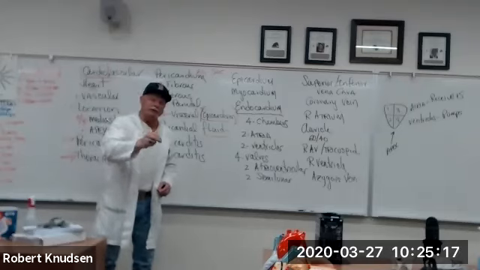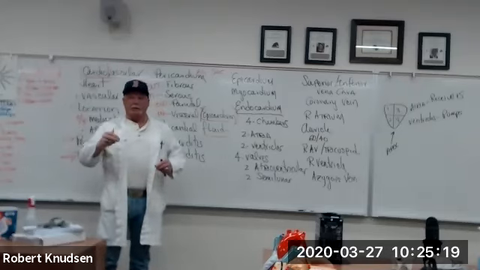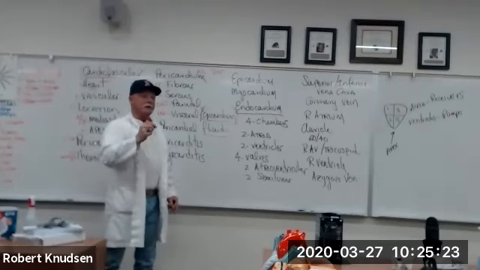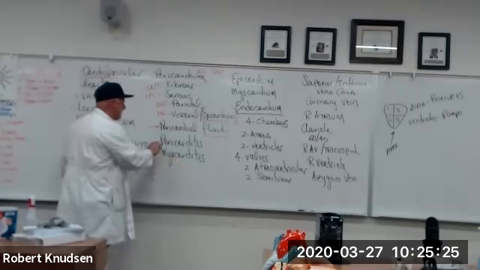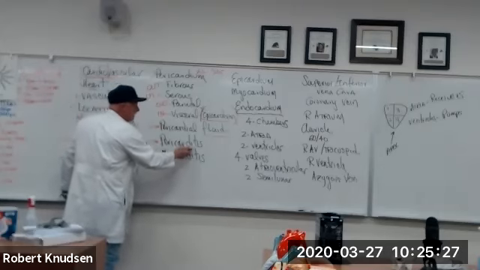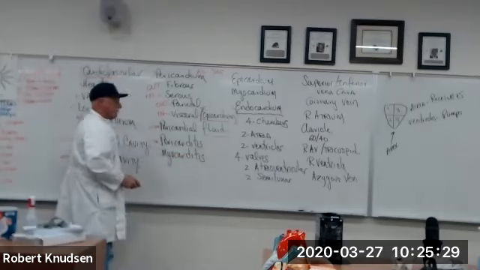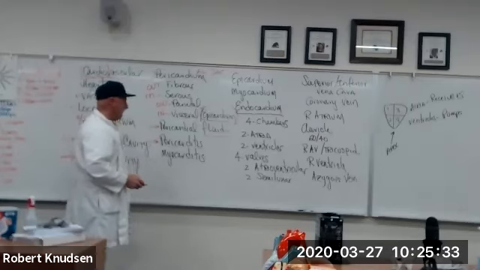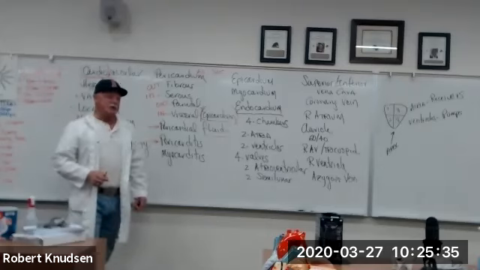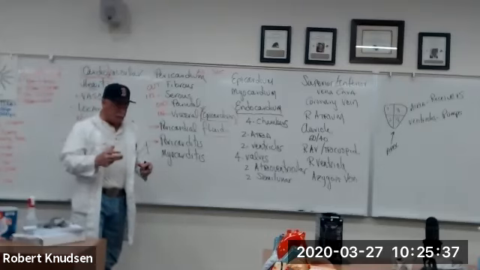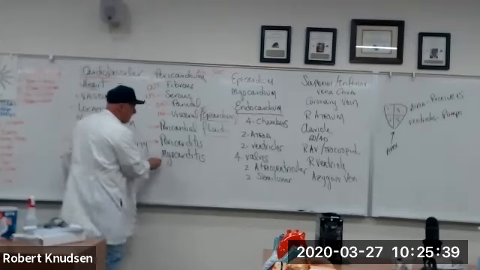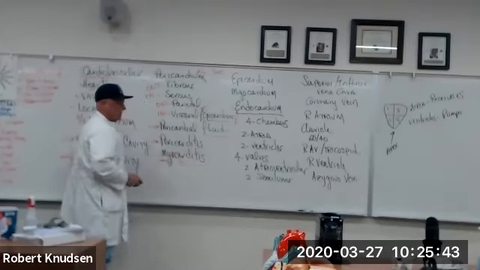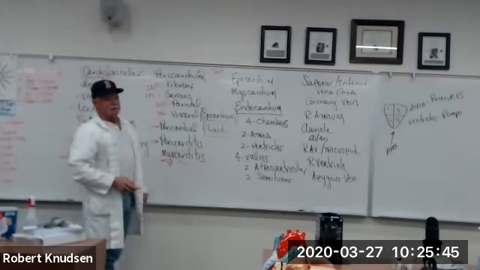Or if the fluid itself is infected with something, we call that condition pericarditis. Pericarditis, infection of the pericardial fluid. If we have inflammation or infection of the heart muscle, it's called myocarditis. Muscle. And remember, the muscle of the heart is cardiac muscle.